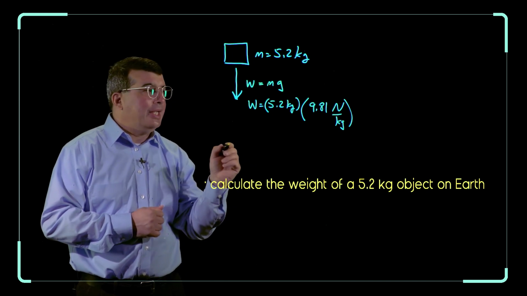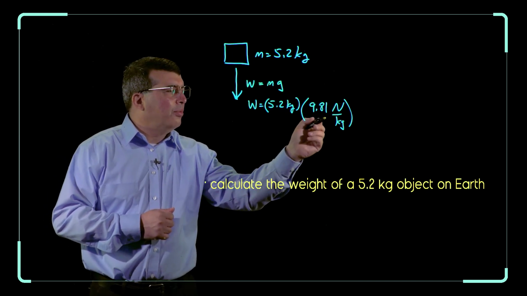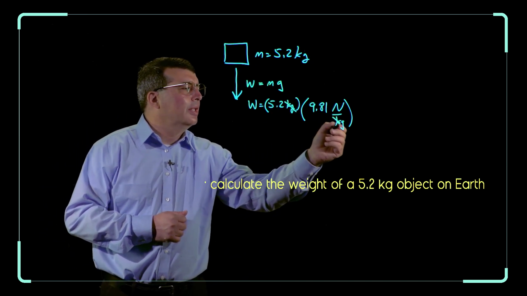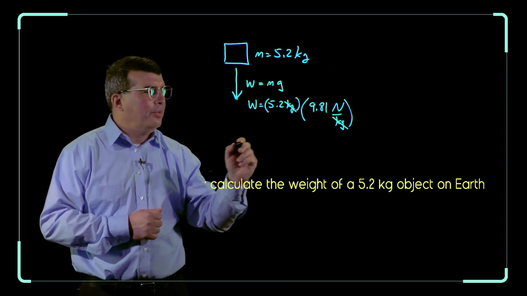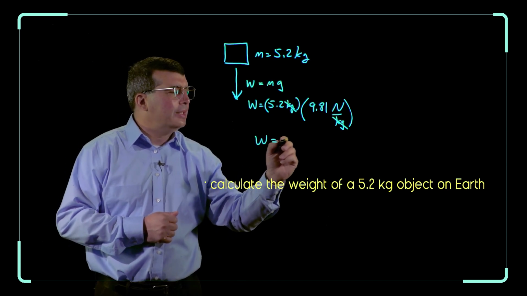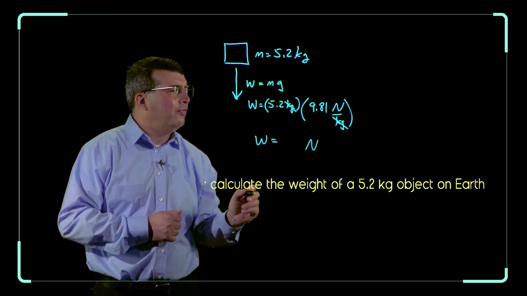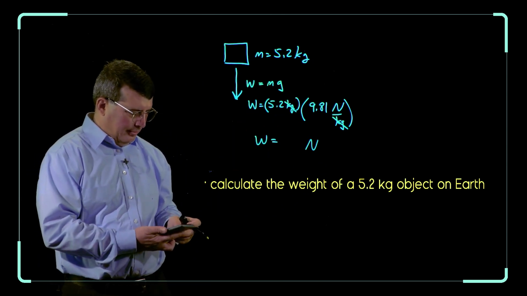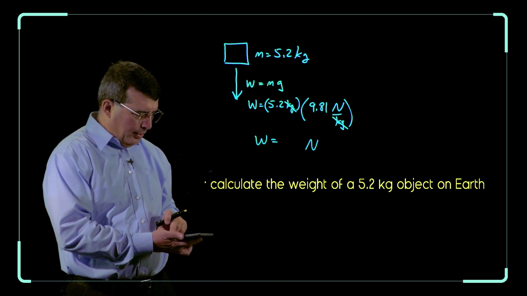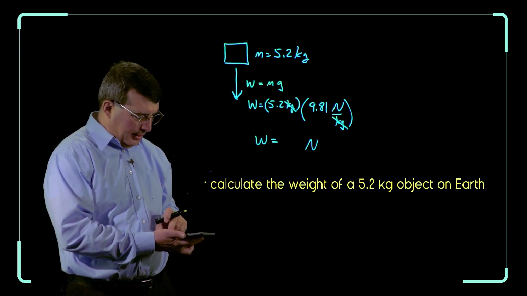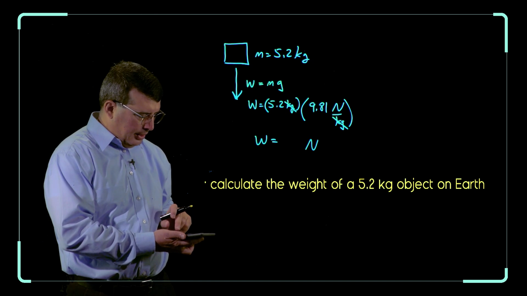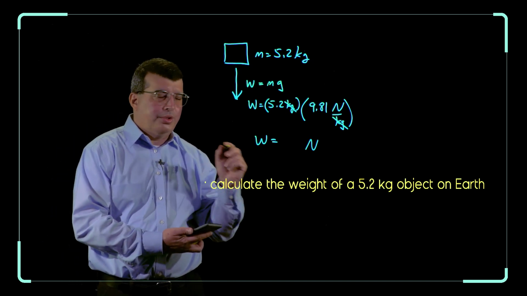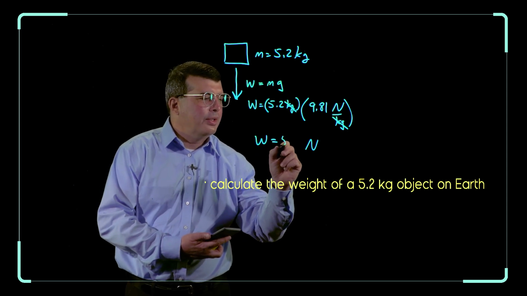Now you can see that I have kilograms in the numerator and kilograms in the denominator. My kilograms cancel out, and the only unit I'm left with is newtons. So weight is some number of newtons. Now I need to multiply those two numbers together. 5.2 times 9.81 gives me 51.0 to three significant figures.